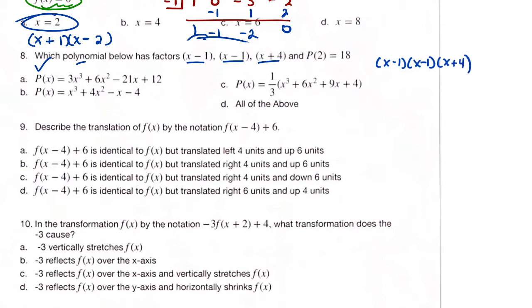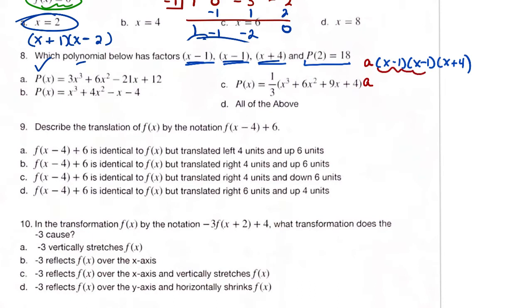Now, when we multiply these things, it will give us a polynomial that has those factors and the solutions, but it may not necessarily go through that point. So we're going to throw in a little factor a at the front of it, and we'll multiply this out to figure out what this polynomial is. I'm just going to bring that a down for right now.